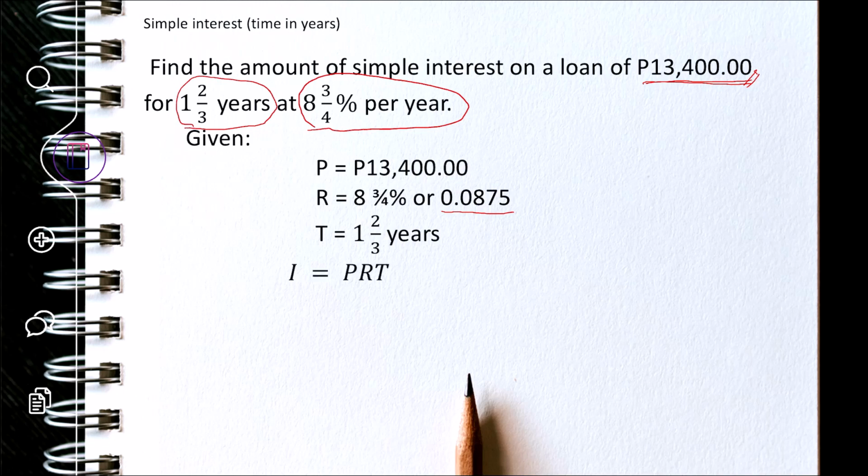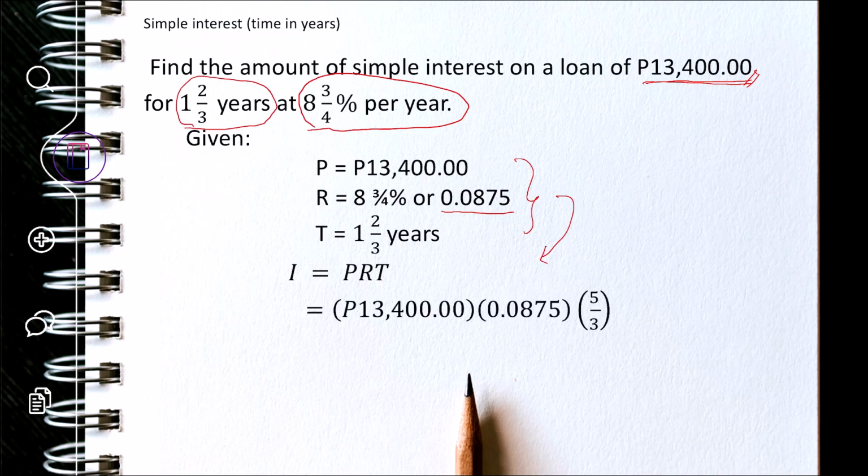Okay. And po, the same lang ulit. Sa given natin, isa-substitute lang po natin yon doon sa formula. That is 13,400 times 0.0875 times, bakit po siya naging 5/3? Convert lang natin to sa improper fraction.